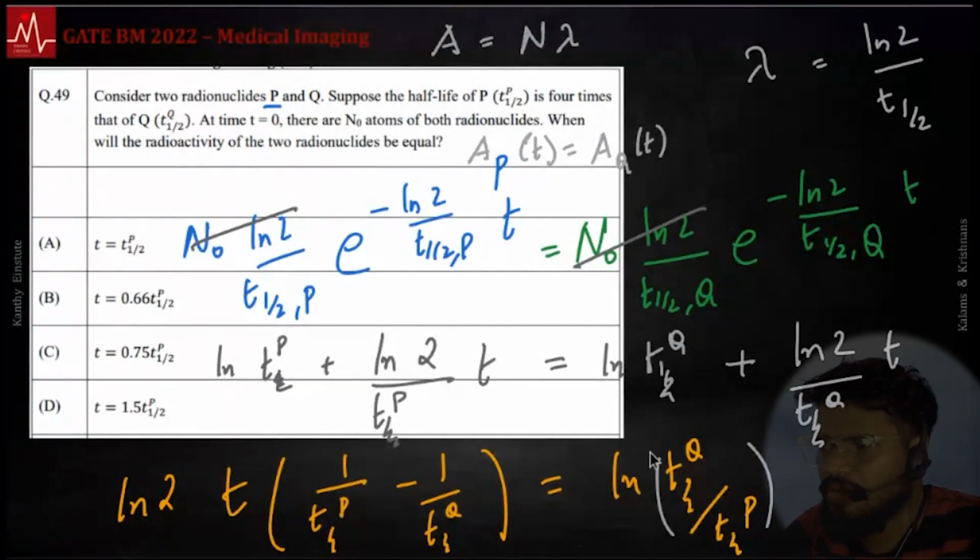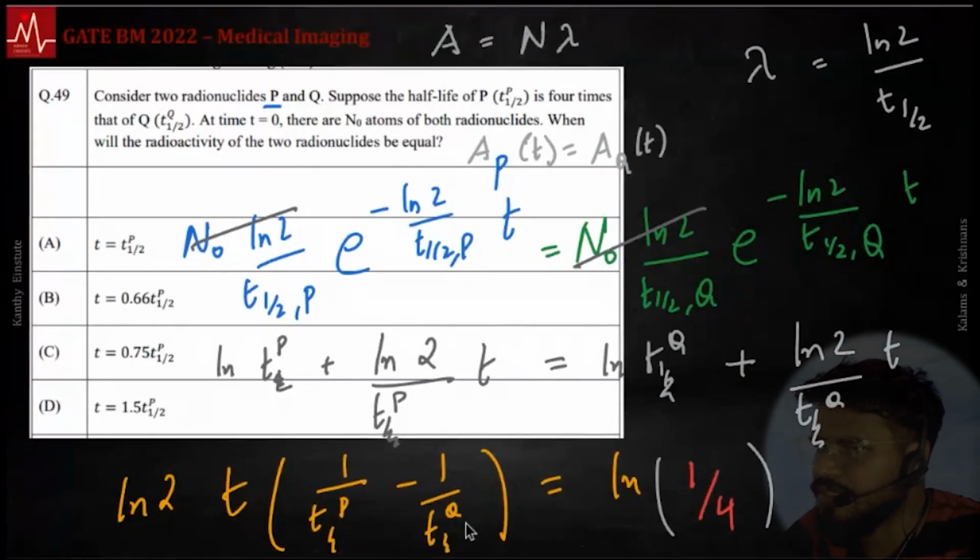This is ln of 1 by 4. We cannot change it with the eraser, so if there is any typo when I write it, correct me. This T half of Q we can also write in terms of T half of P: T half of P by 4.